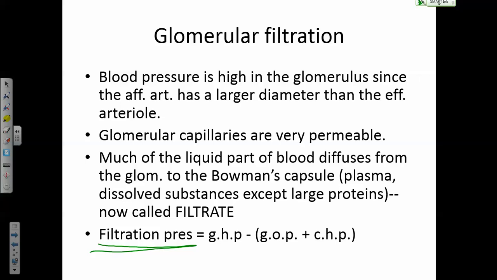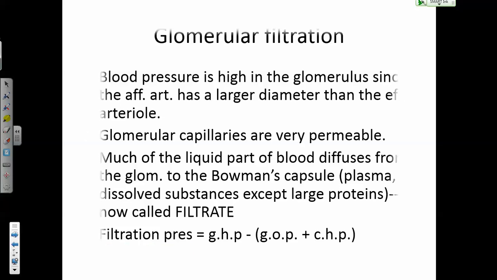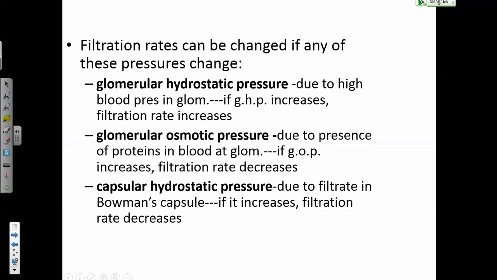I've initialed the pressures here on this page. You have glomerular hydrostatic pressure, GHP. That's the pressure due to the presence of the water, or the blood pressure, in the glomerulus. The higher it is, the more filtration will occur. Does that make sense? That's because it's a pushing pressure.